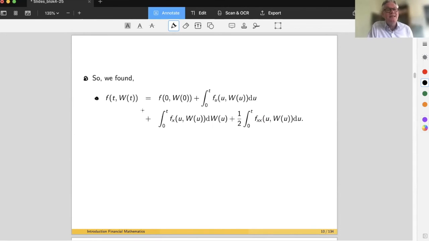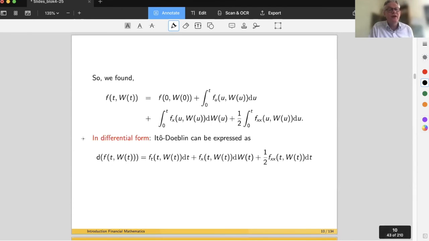So this is the Ito-Doeblin formula for functions that depend on t and on Brownian motion, and on another function, a stochastic function. And in differential form, we can write it as follows.